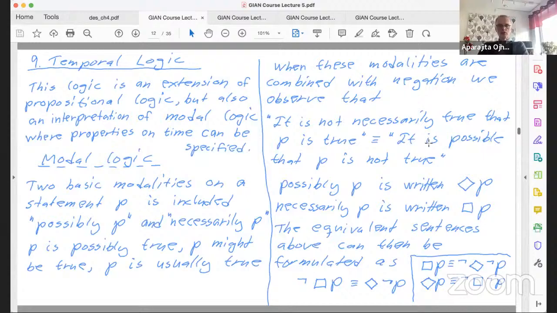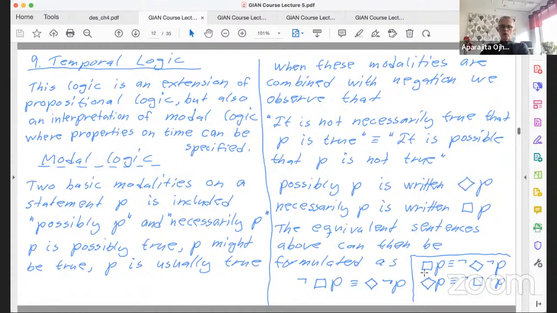But that is equivalent to saying it is possible, and possible is written by the diamond, that P is not true. And then you put the negation in front of the atomic proposition P. So not square P is equivalent to diamond not P. So when you move the negation inside this expression, you have to change the necessarily to possibly.